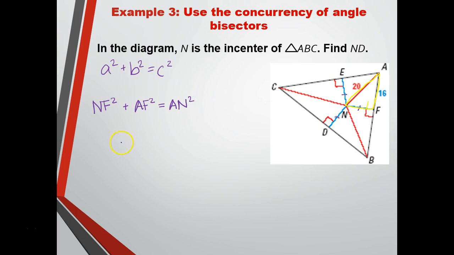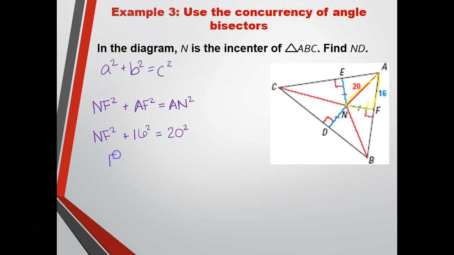Now let's fill these in with numbers. NF, we do not know, so let's just keep it as NF squared plus AF is 16. Let's put that in, 16. AN we know is 20, and square that.